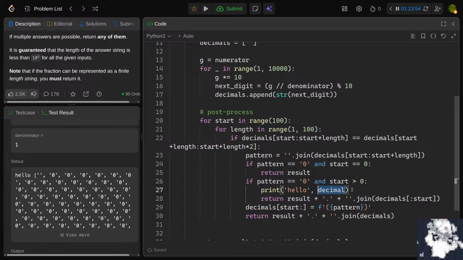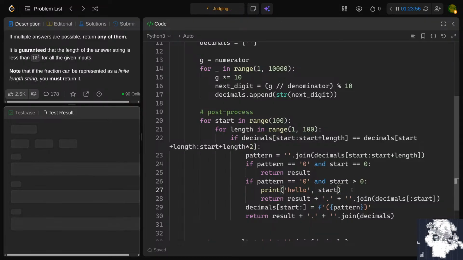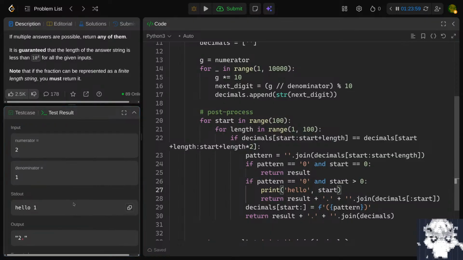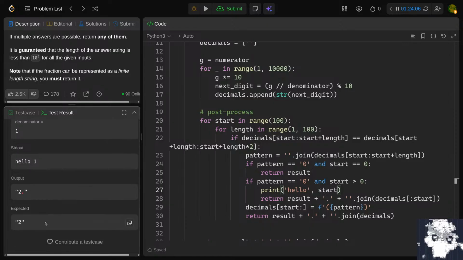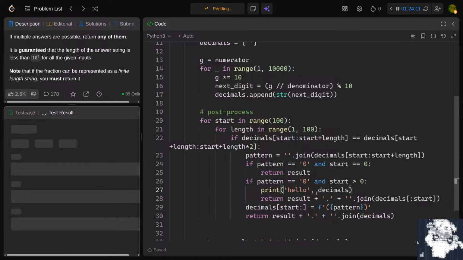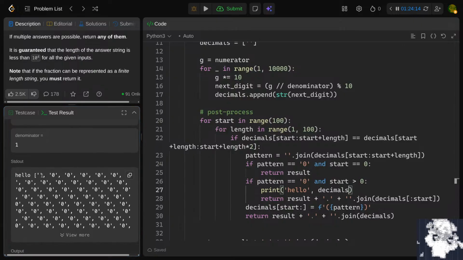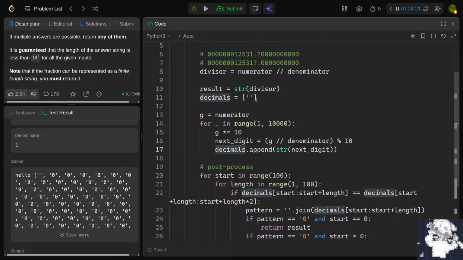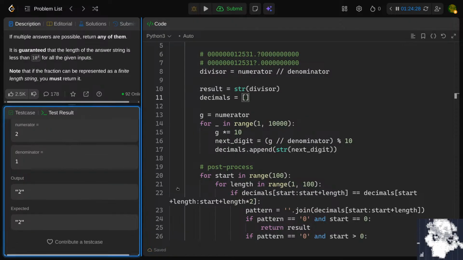Print start. Oh, it starts with an empty. Wait, decimals. Why am I starting with an empty string? Wait, when did I do this? It should not start like that. It should start like this.